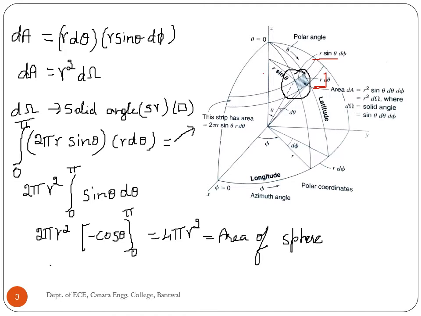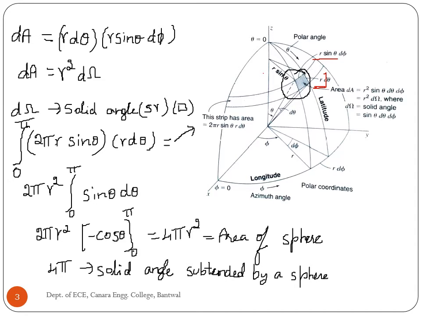Where 4 pi is solid angle subtended by a sphere in steradian.